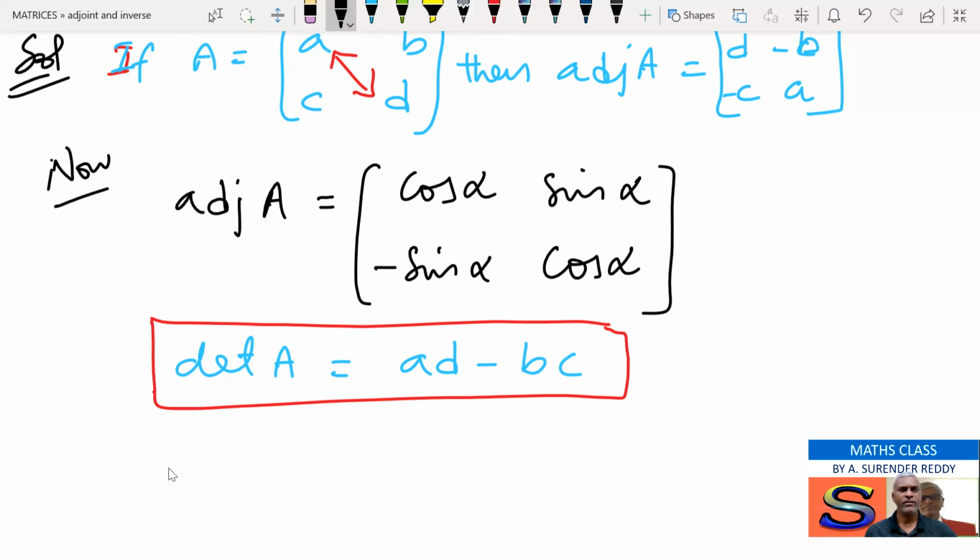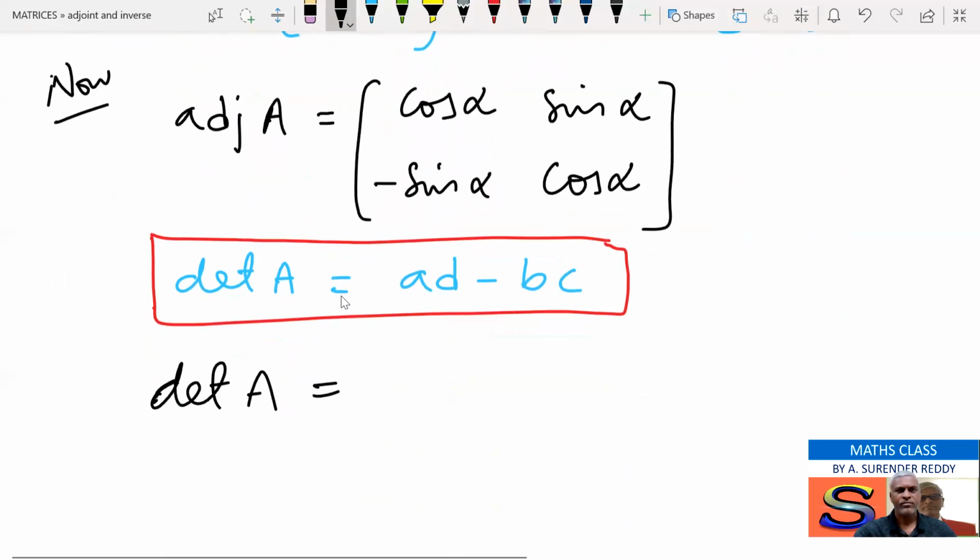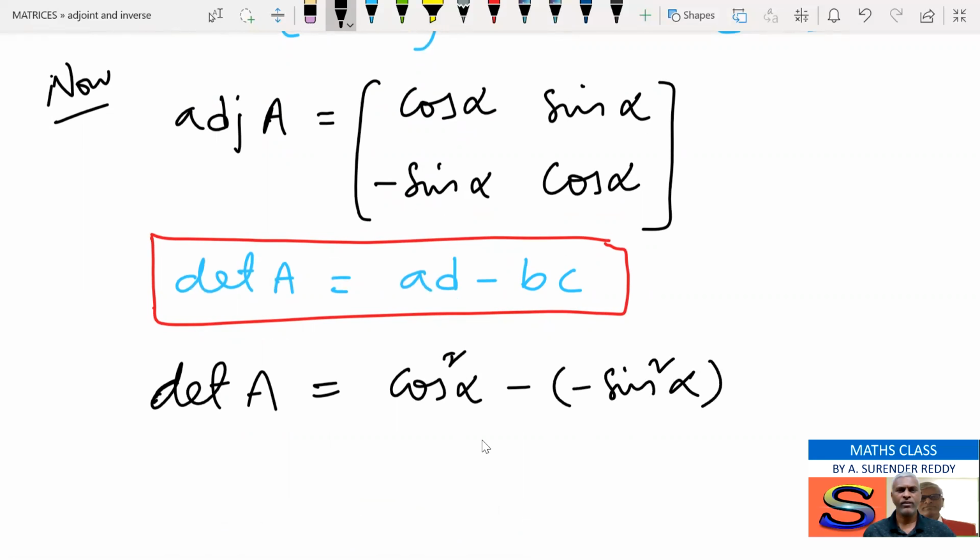Here, ad is cos alpha into cos alpha, that is cos square alpha, minus bc, which is sin alpha into minus sin alpha, minus sin square alpha.